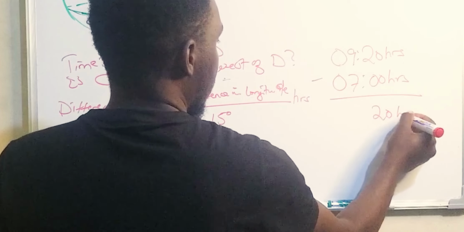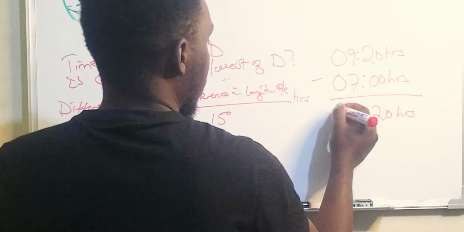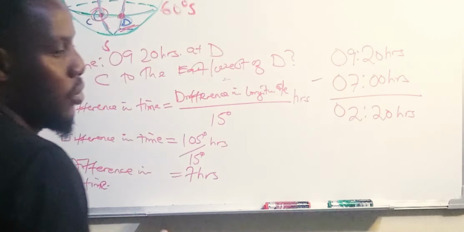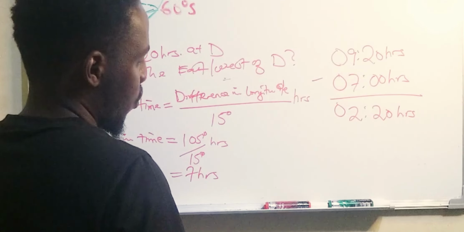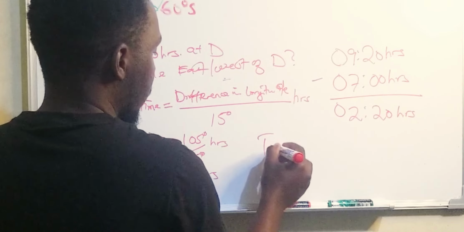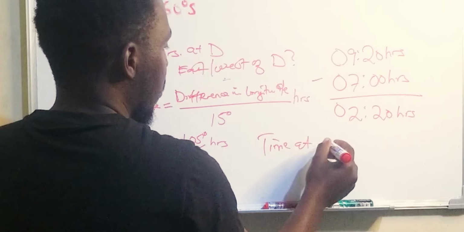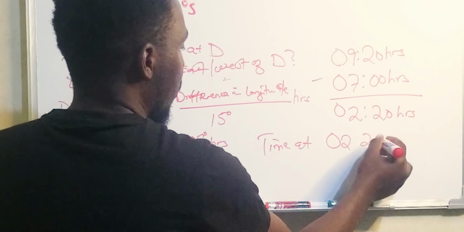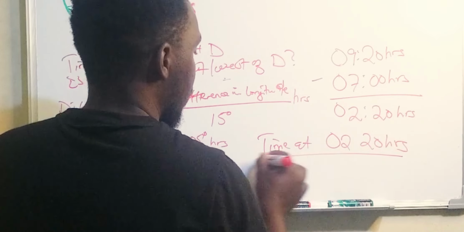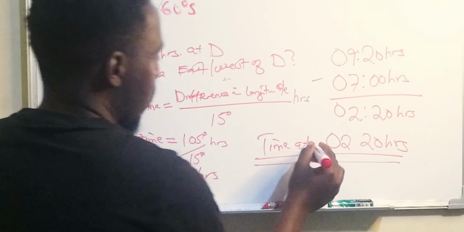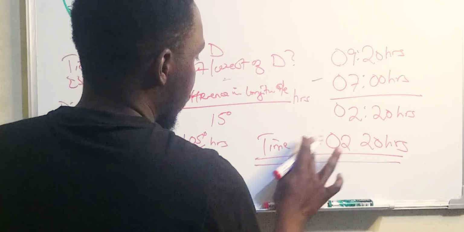This will give us 0220 or 220 hours. So time at C is 0220 hours. That's the time at C.